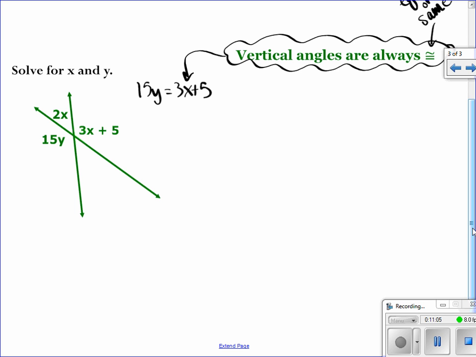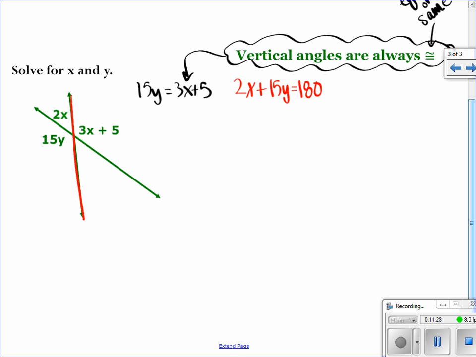Maybe some linear pairs here. What could we add together? These 2 right here are on a line together. Does everyone see that? So they are a linear pair. 2x plus 15y equals 180. There's another linear pair.